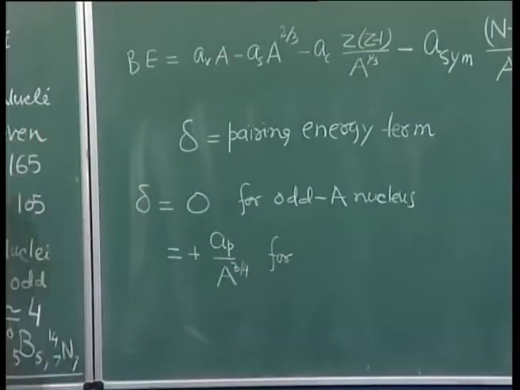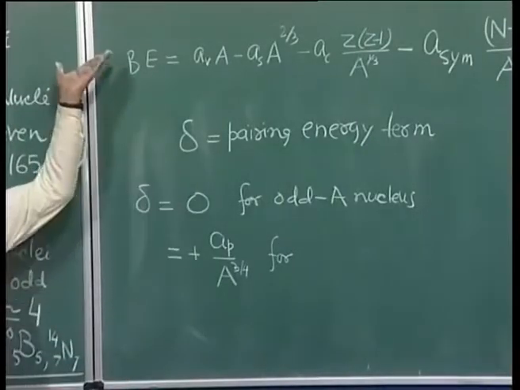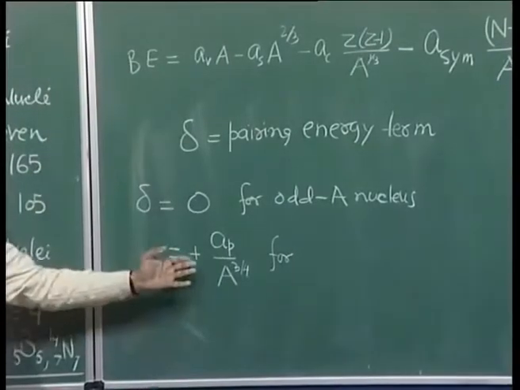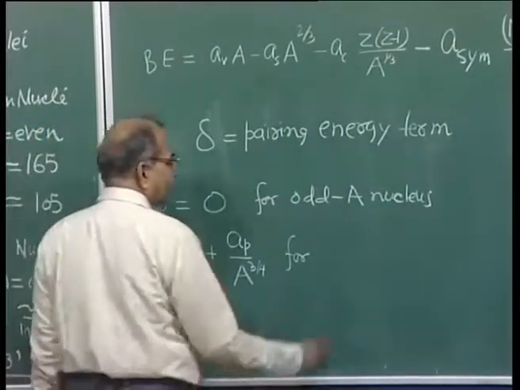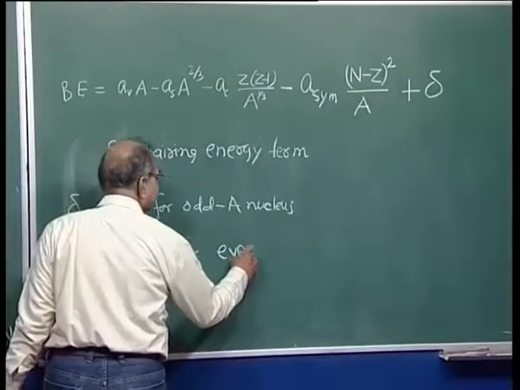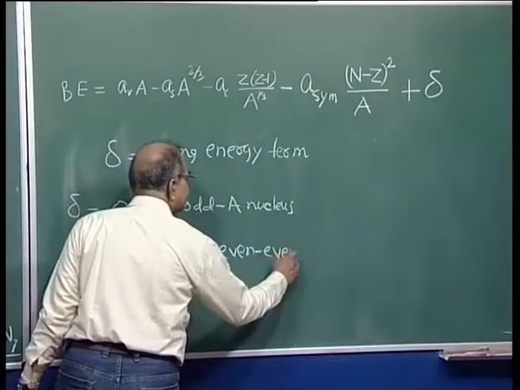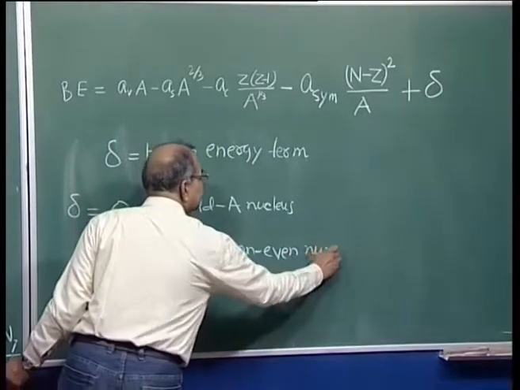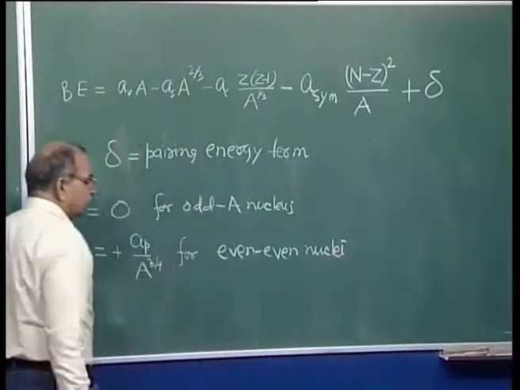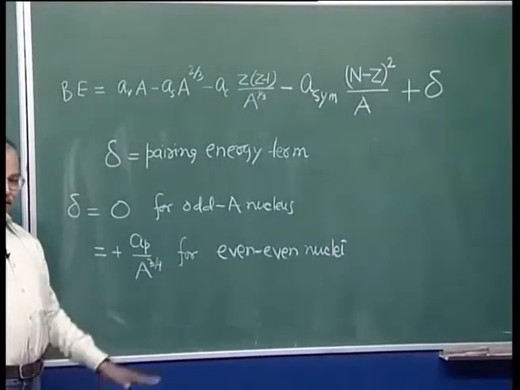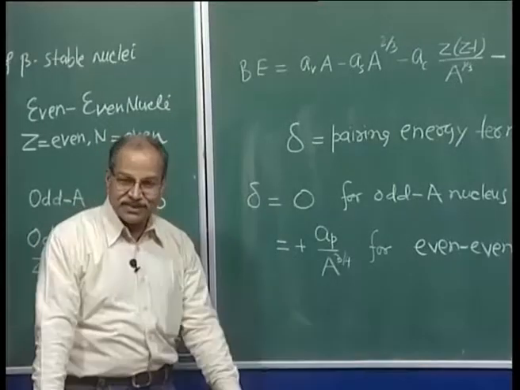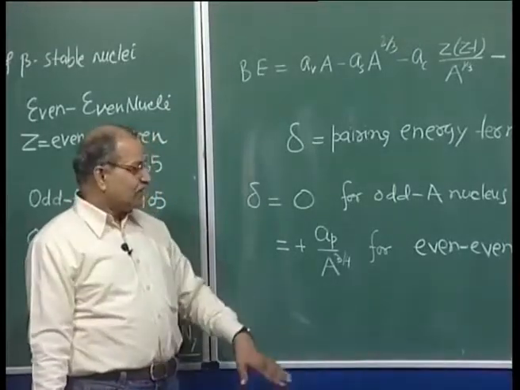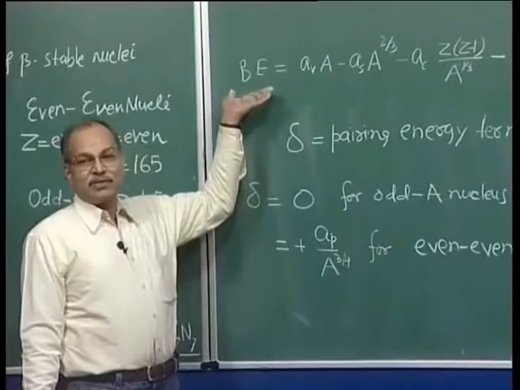Which one: binding energy positive, going up, even or odd? Even. For even nuclei the whole energy is going down, pairing lowers the energy, and energy of the nucleus going down means binding energy is going up.